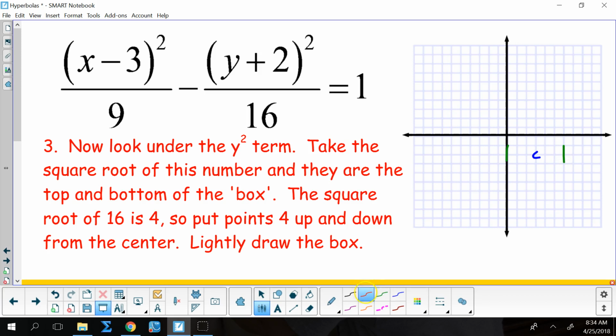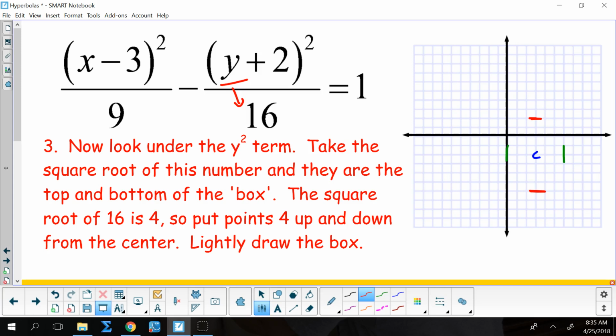Now I'm going to look underneath the y squared term. That's 16. Take the square root. The square root of 16 is 4. So I'm going to go up 4 from the center and down 4 from the center.